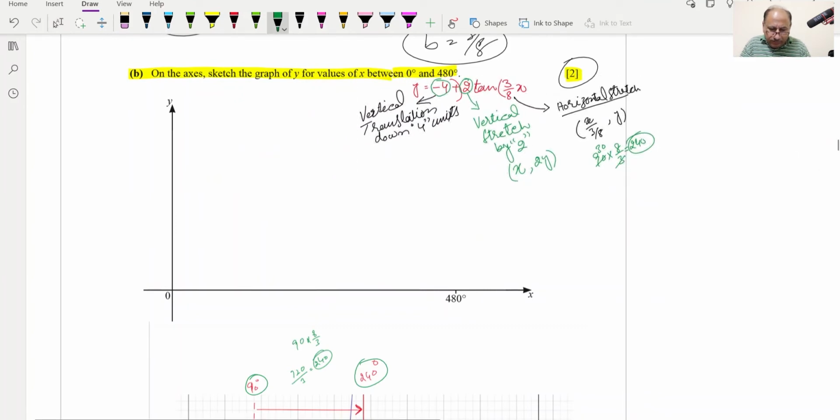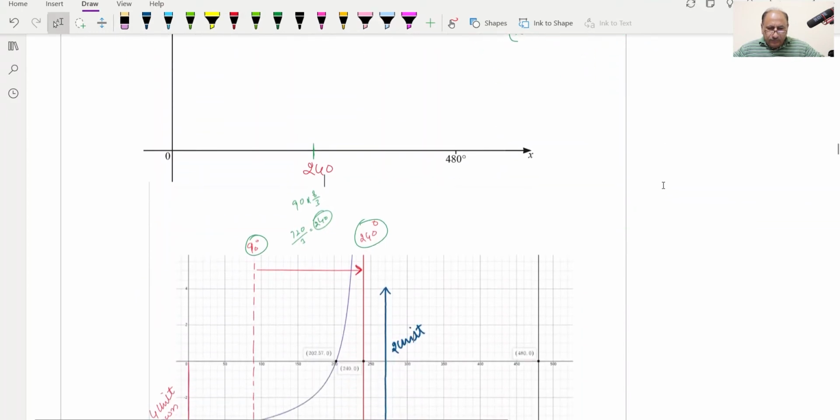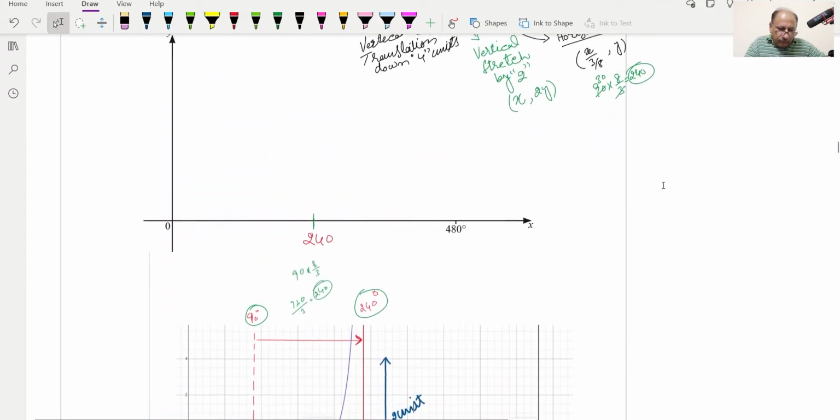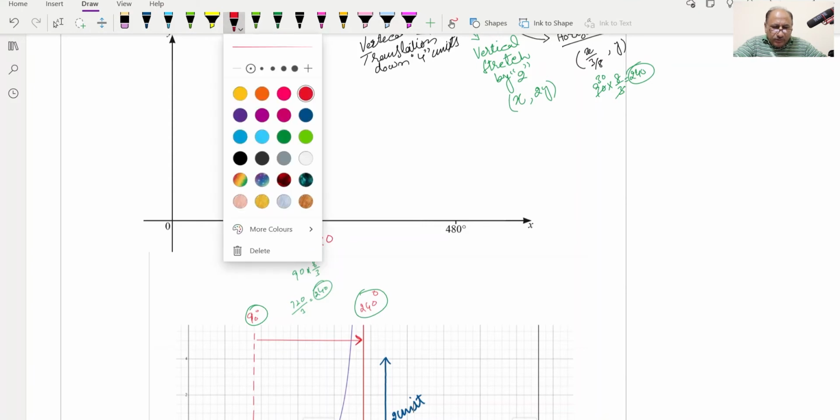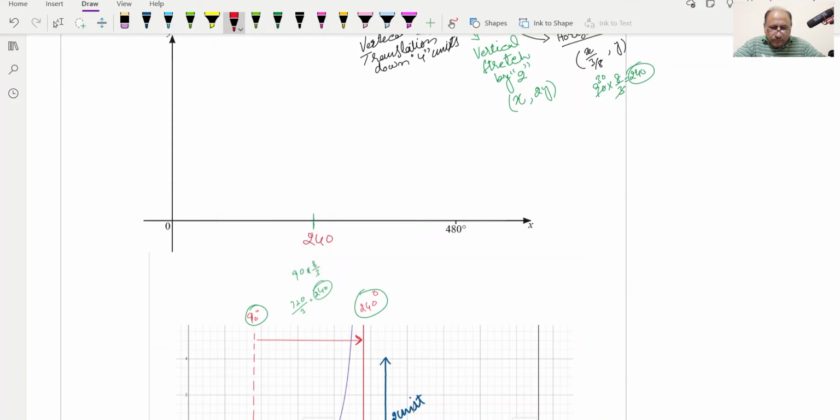So 240 is up to this one, so we can write 240 over here, and our graph will be, minus 4 will be down.